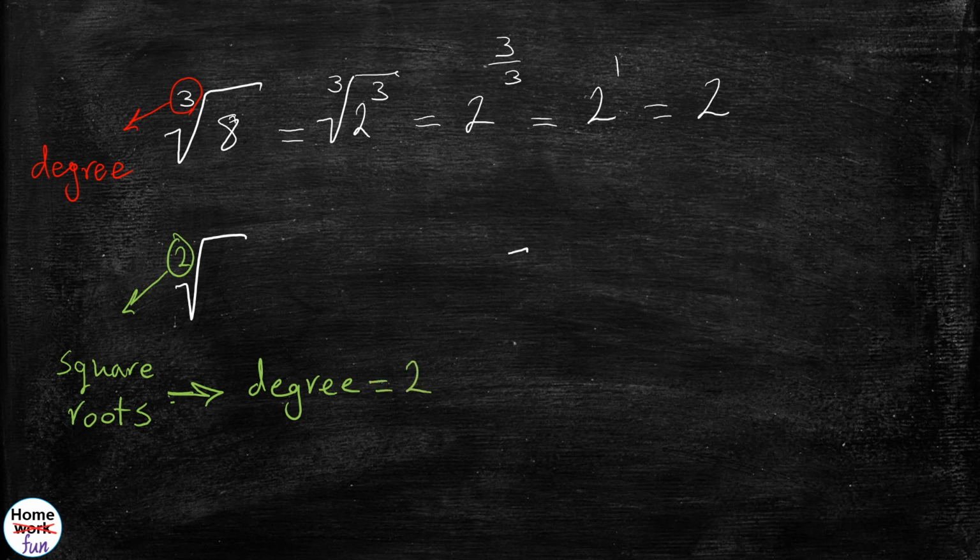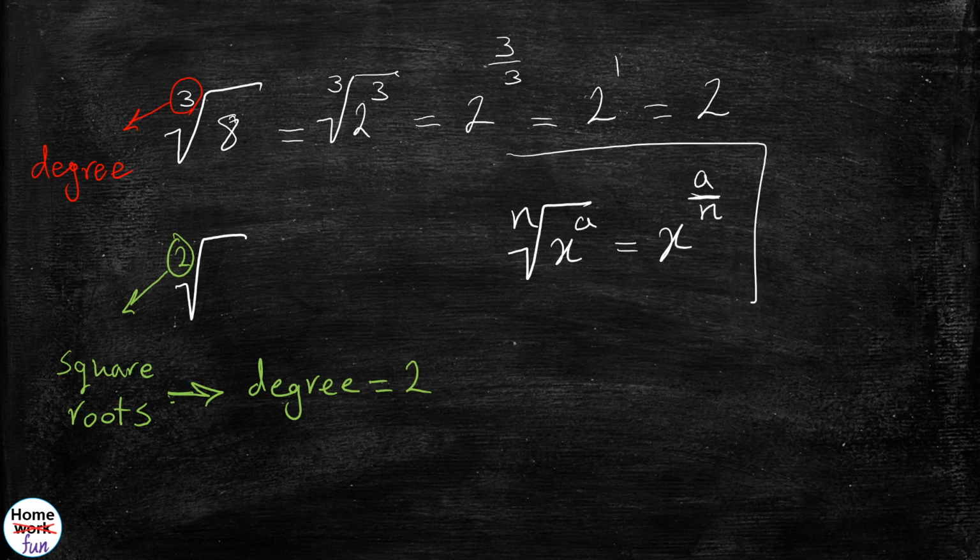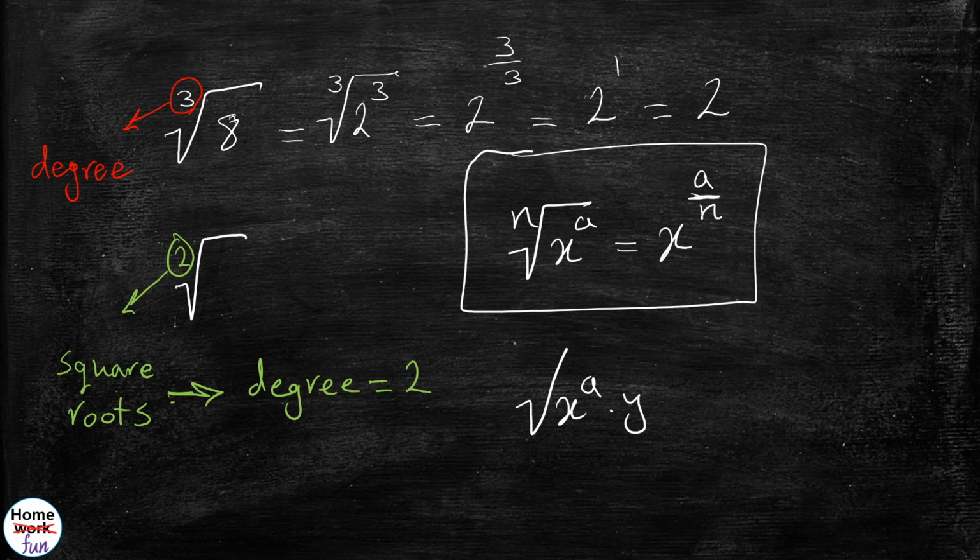So root with a degree of n, again generalizing this concept with variables, and under the root, let's say you have x to the power of a. The answer is x to the power of a divided by the degree of the root, divided by n. For any root, you apply this formula. If you had multiple terms inside the root, what about then? So for example, any root, nth root, of x to the a times y to the b.